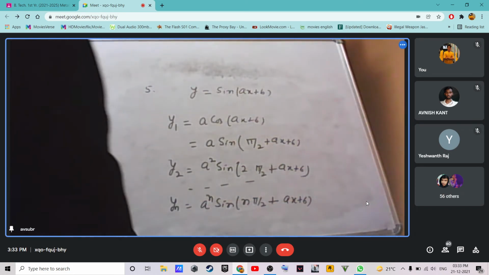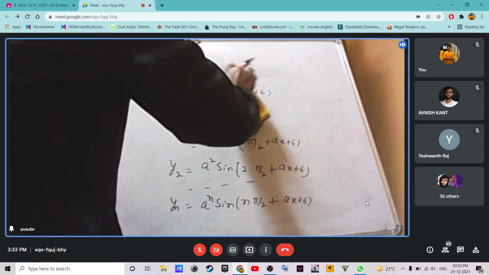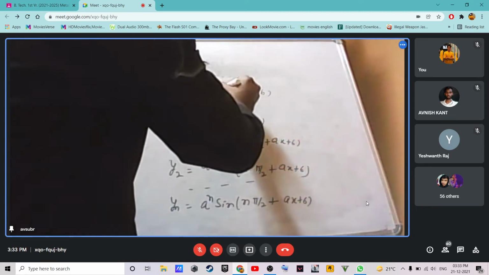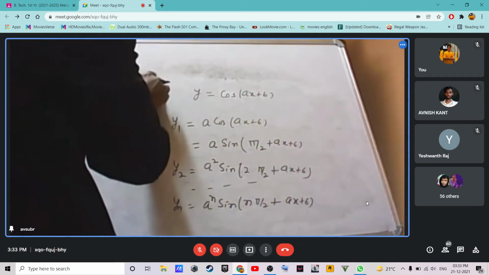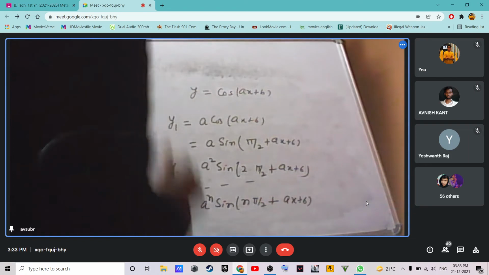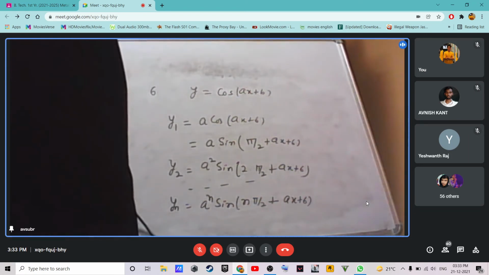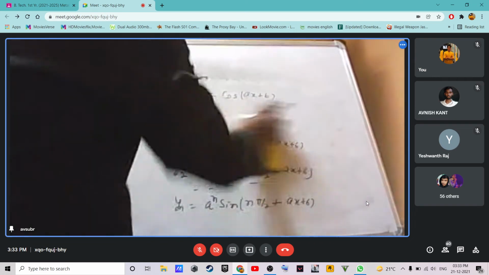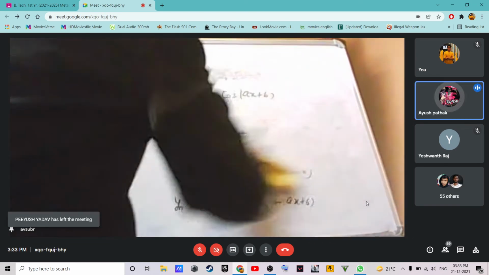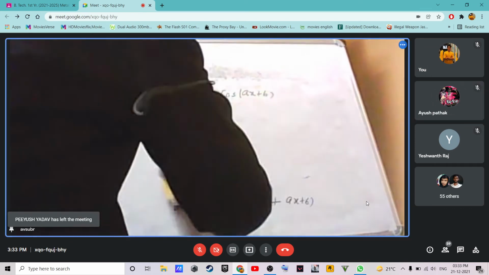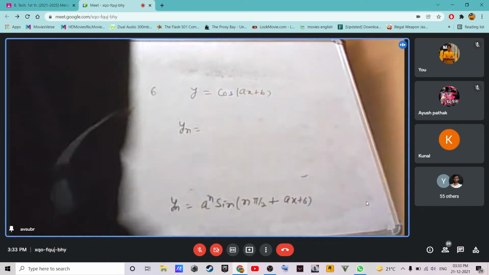Now let us see what if instead of sine it is cos. I will take that as case 6. In this case, what are we going to get? Only that sine will become cos in the last one. Wonderful, you are right.